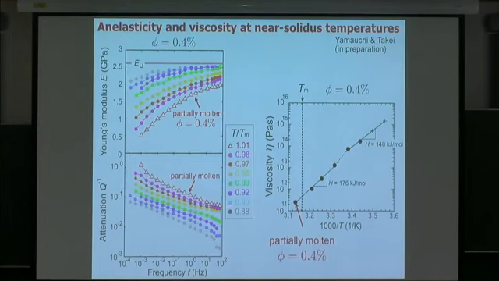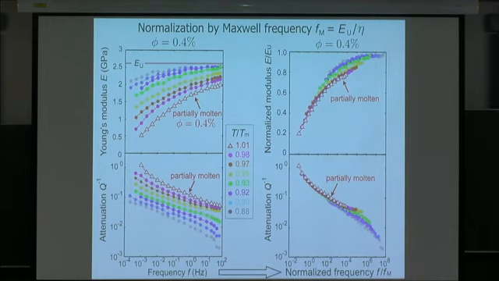And using these measured viscosity and unrelaxed Young's modulus, we calculated the Maxwell frequency for each temperature and normalized the frequency of this figure by the Maxwell frequency. And as before, this result is represented by the superposition of the background and the peak.